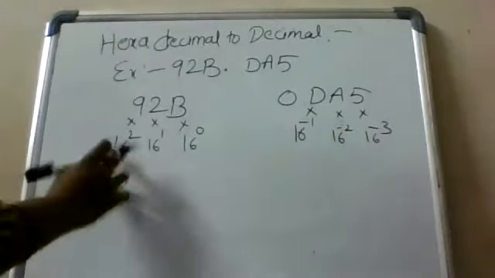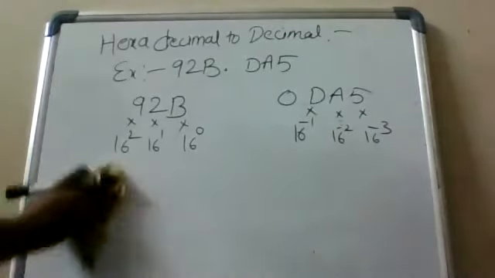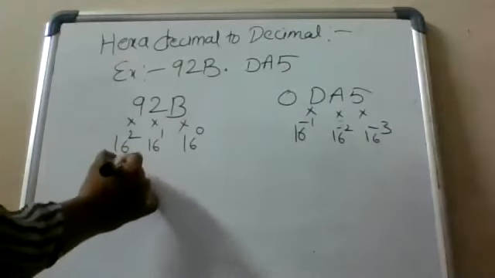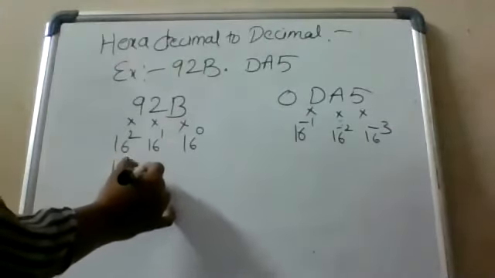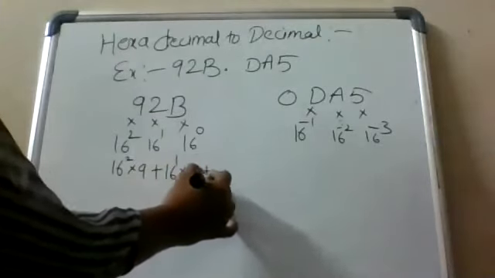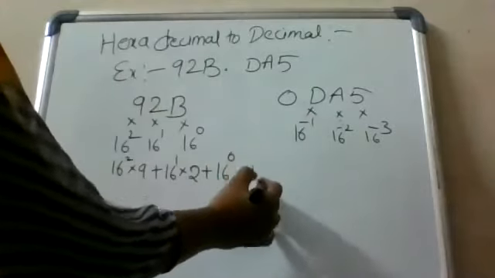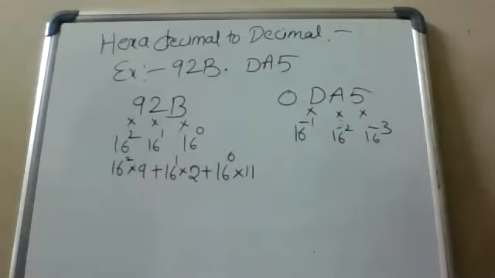So here, 16 power 2 into 9, plus 16 power 1 into 2, plus 16 power 0 into B, which means 11. In the hexadecimal number system, A means 10, B means 11.